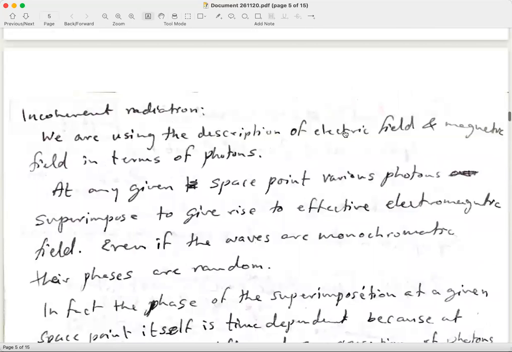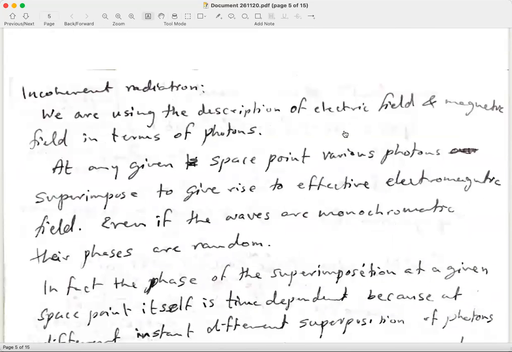Incoherent radiation can have various different frequencies, but even if it was monochromatic, you would have different waves with different phases. Those phases don't have to add coherently. They may add incoherently.